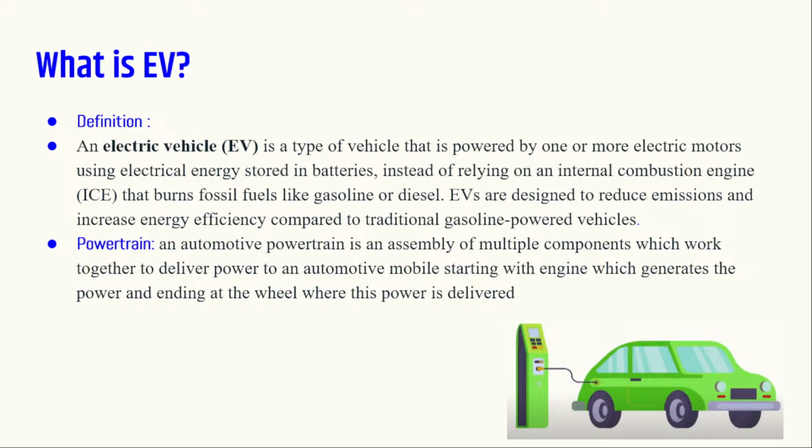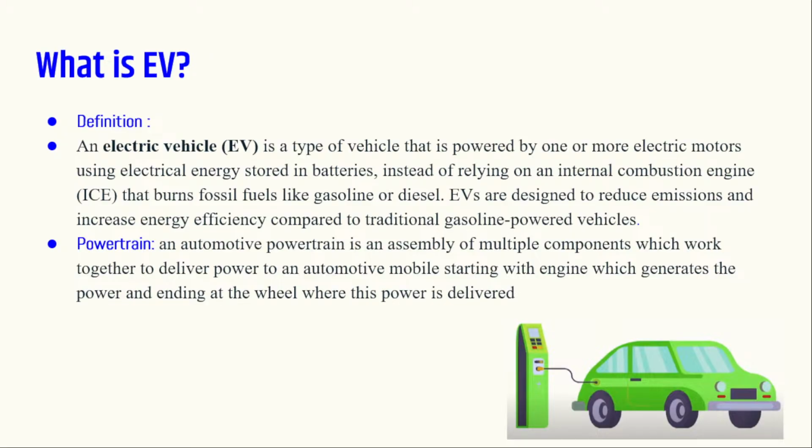So the main element, the heart of the vehicle, is the powertrain. Technically we have to call it a powertrain. A powertrain is an assembly of multiple components which work together to deliver power to an automobile, from the starting of the engine to the end of the wheels.